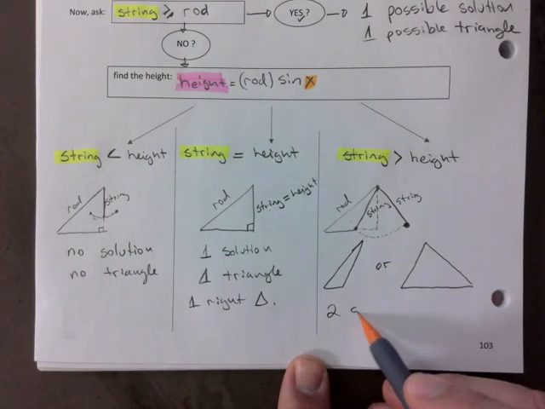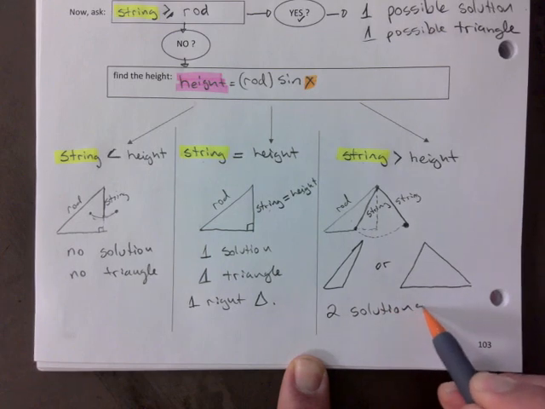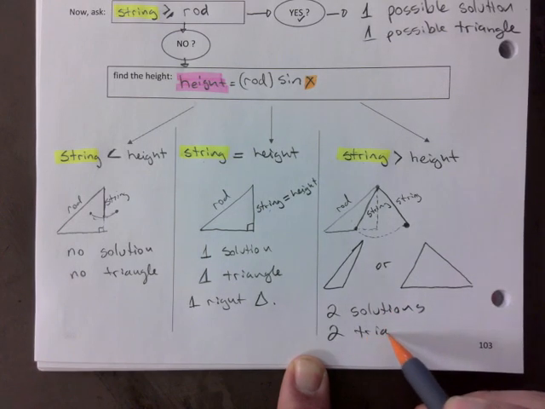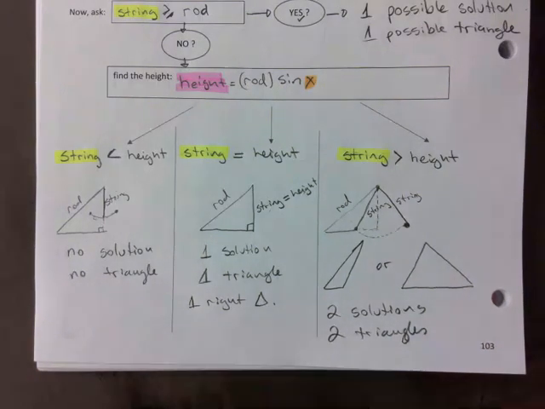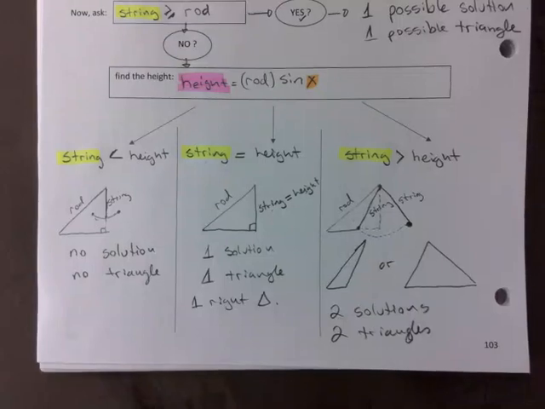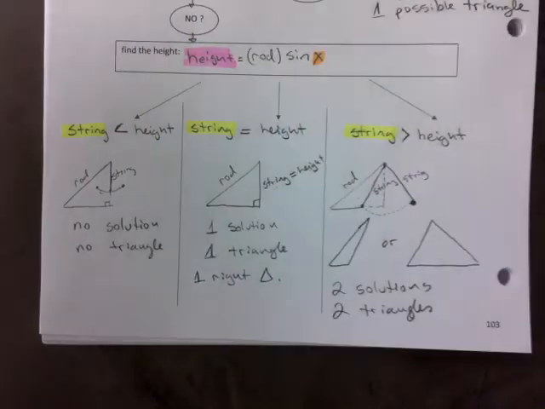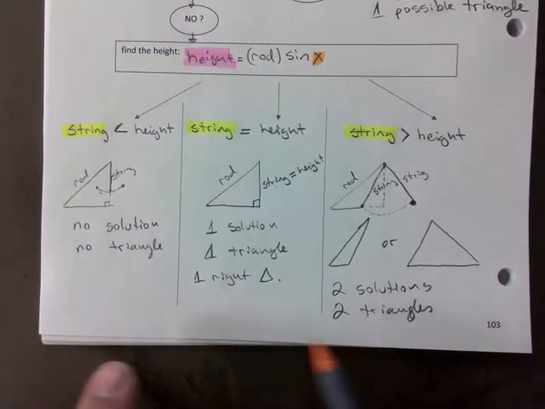So two solutions, two triangles. And here I will probably add at the bottom. Did I add some of the justifications down here with the letters?